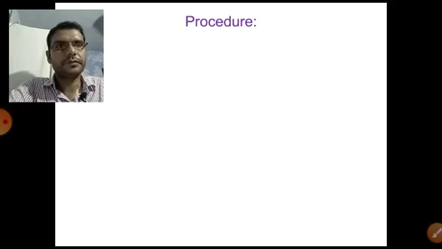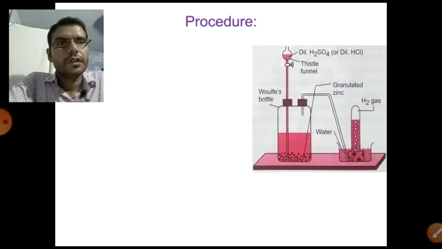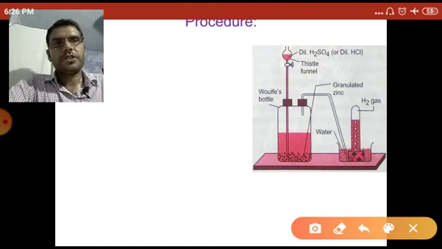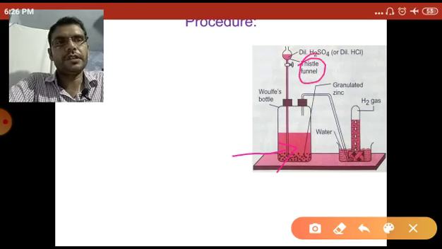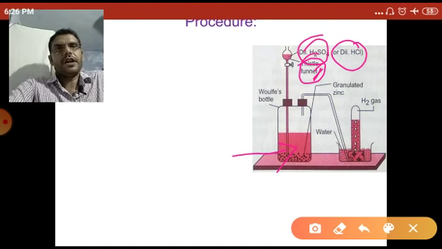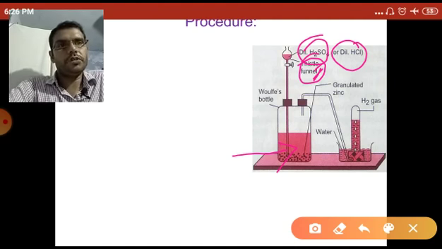Now the procedure. First, take the zinc granules in the Wolfe bottle, and put dilute sulfuric acid or dilute hydrochloric acid in the thistle funnel, and arrange the apparatus glassware according to the given diagram. Initially, the tap of the thistle funnel is closed.